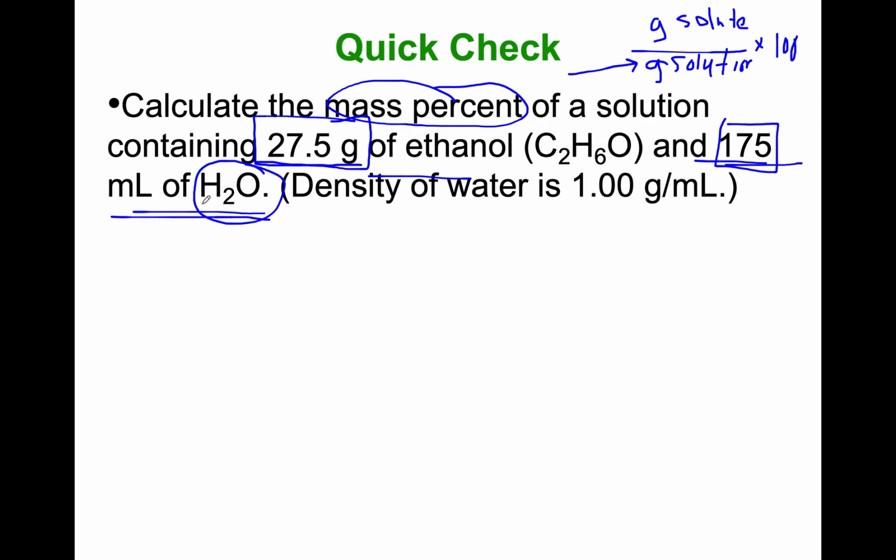We don't have grams of water. We have mils of water. That's okay, cumulative chemistry. You may recall, if you have mils and you have density, now you have grams. So in this case, for water, 175 mils is the same thing as 175 grams.